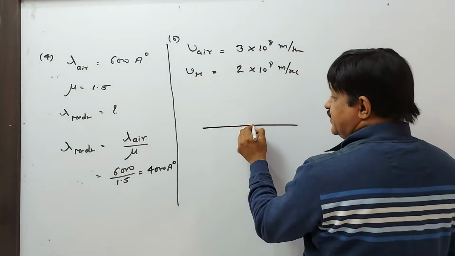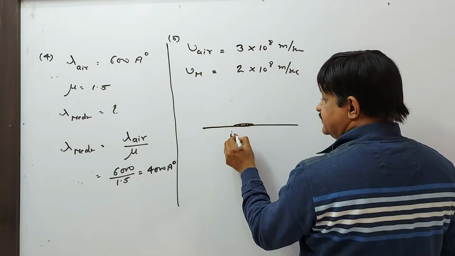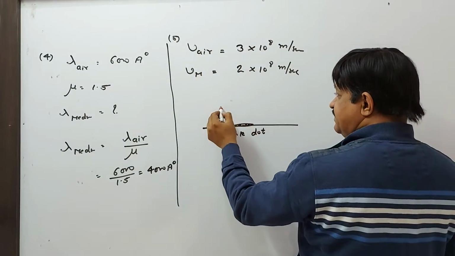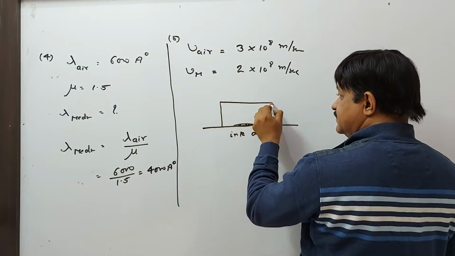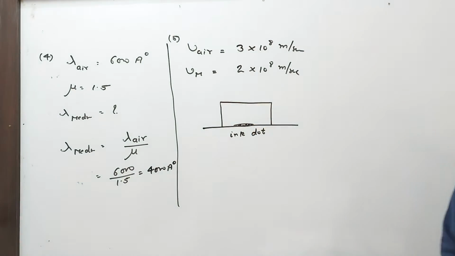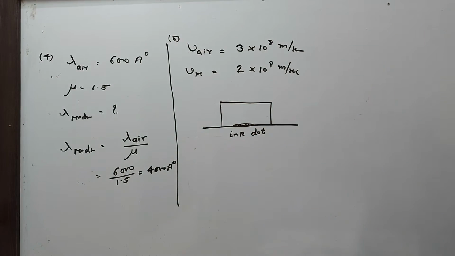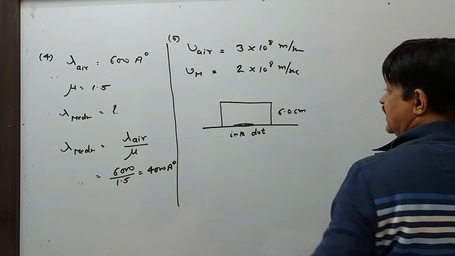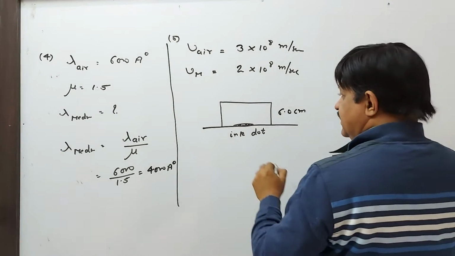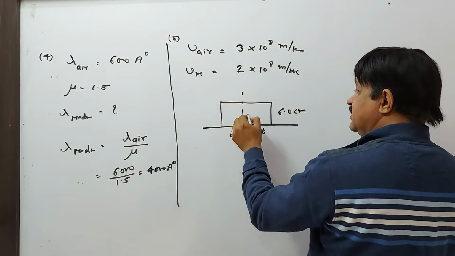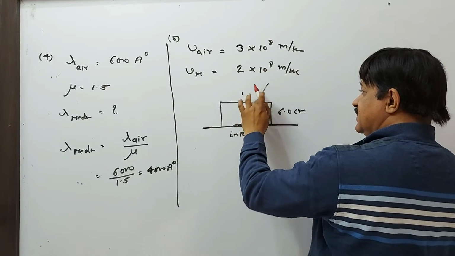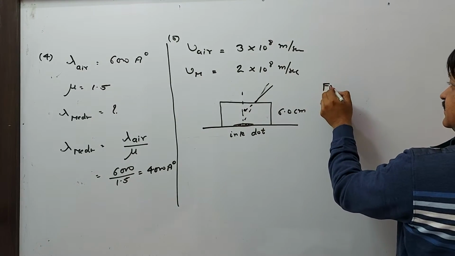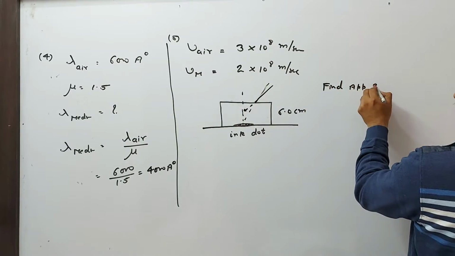On the plane surface, you have one ink dot here. When this medium of 6 centimeter thickness is placed, then how much will it shift? Find apparent shift.